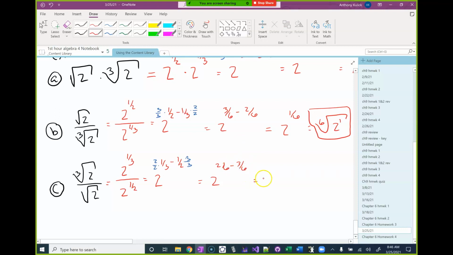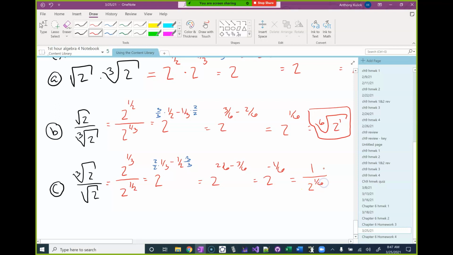Now, if I apply property 7, since I have a negative in my exponent, that's going to give me 1 over 2 to the 1/6. And then I suppose I'd want to translate this to radical form.